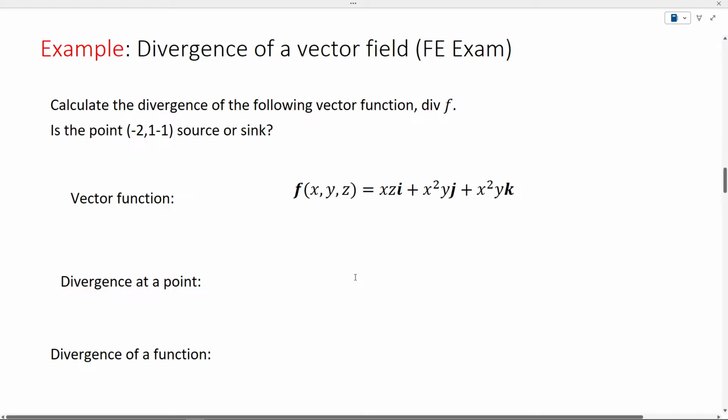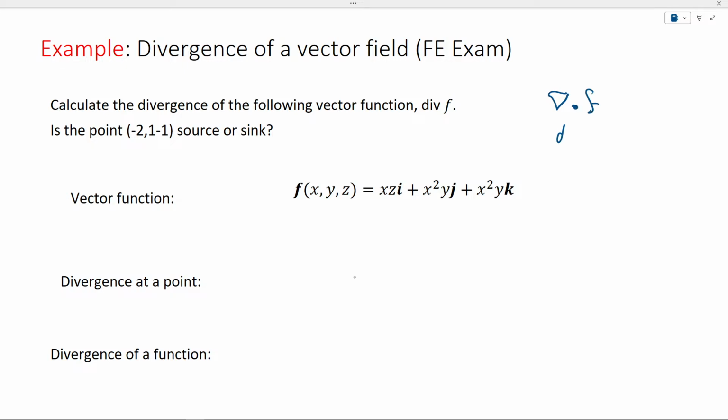Because here I'm giving you: calculate the divergence of the following vector function. One thing I forgot to tell you is that divergence has different notations. One notation is gradient dot product of your function, or simply divergence of your function. These two are equivalent.